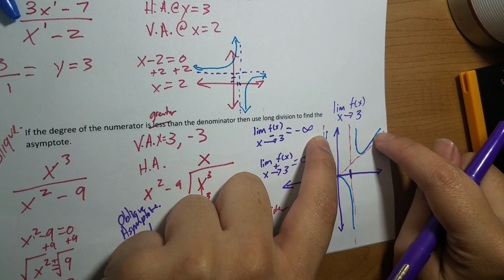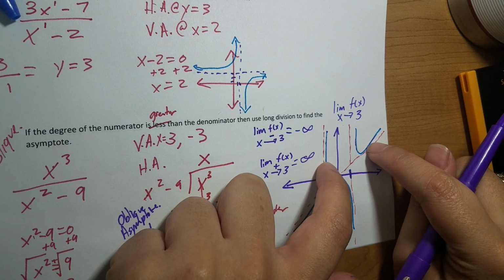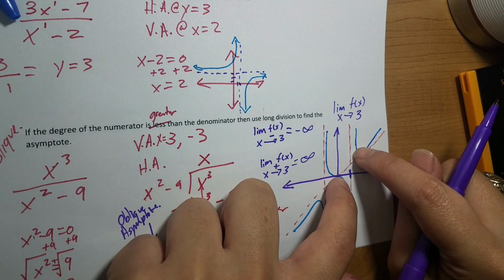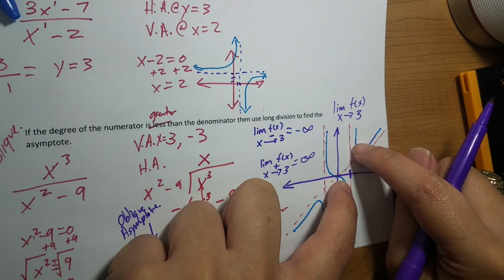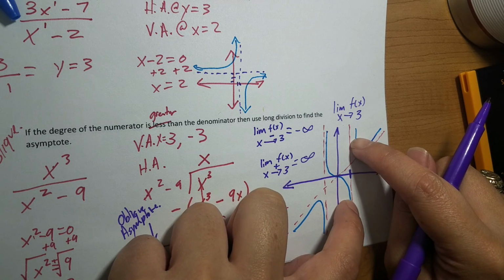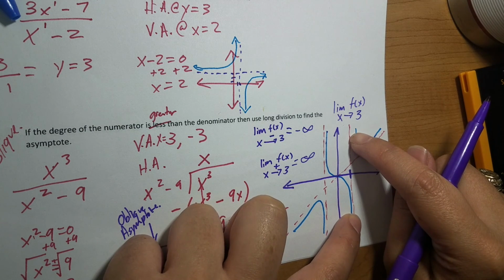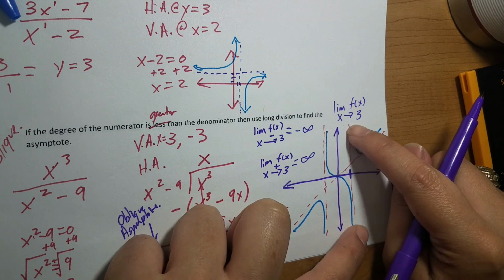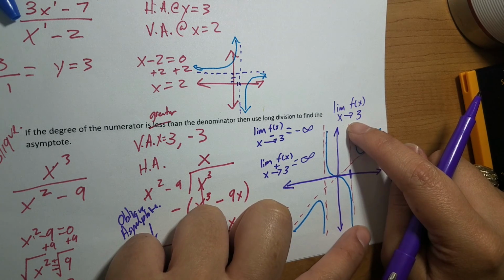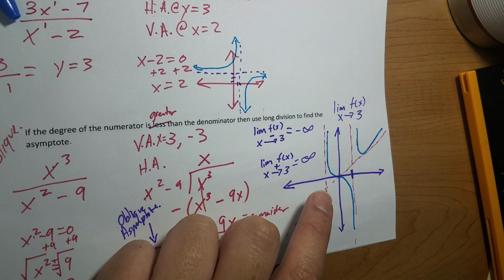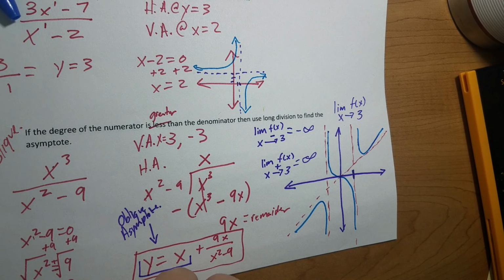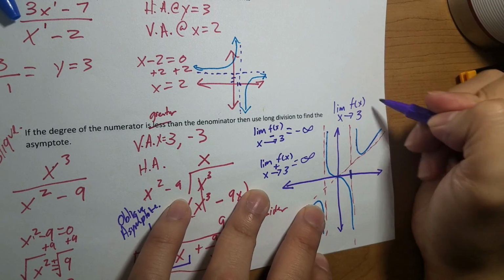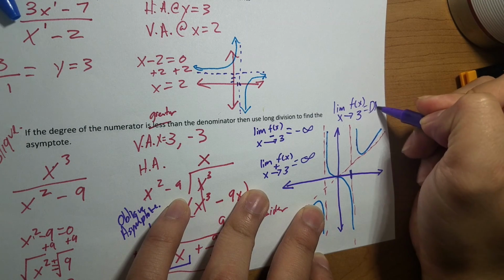So when I approach positive 3 from these two different sides, do they go towards one spot together? Two different spots, right? So is there a single spot that they'll meet up at? The answer is no. So what do you think happens? The limit does not exist.